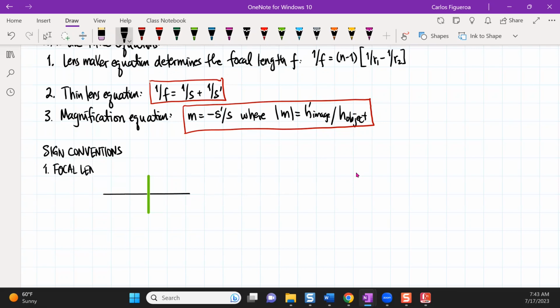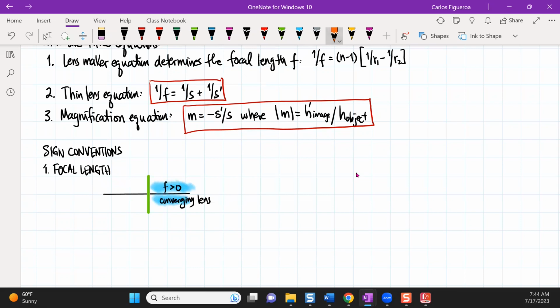We've already done this, but let's just be careful with the sign conventions. If I'm on the right side, on this side over here, this tells us that the focal length is positive, and this can only be for a converging lens.